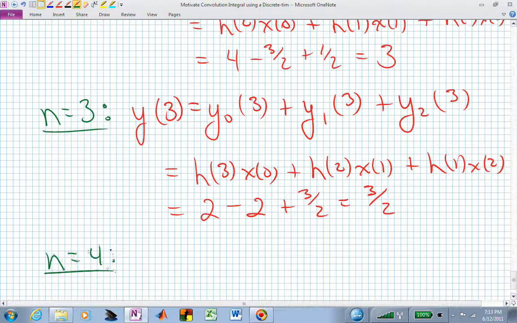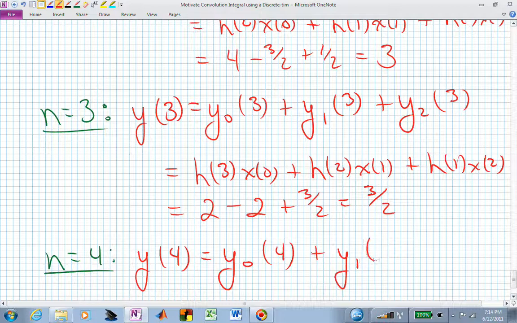Now, what's happening at time n equal 4? This is now the total response at time 4. We would be wanting to add in the component due to the input applied at time 0, the component of the output due to the input applied at time 1, plus the component of the output due to the input applied at time 2.